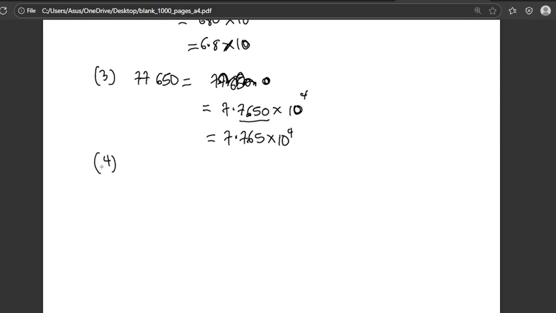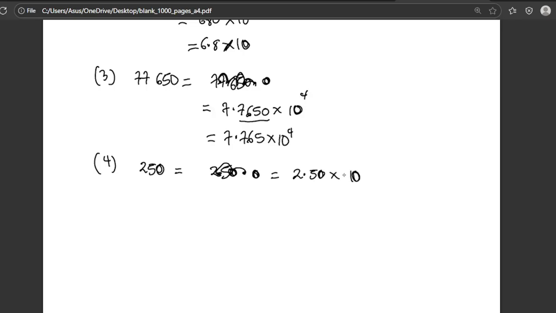Next is a number greater than 1: 250. We write it as 250.0. You must not take the decimal point beyond the last number on the left-hand side. So this is now equal to 2.5 times 10 to the power.